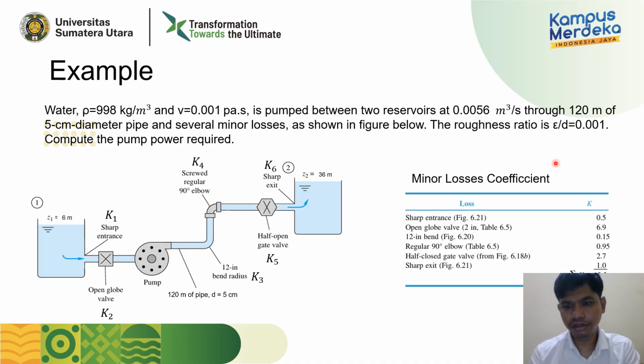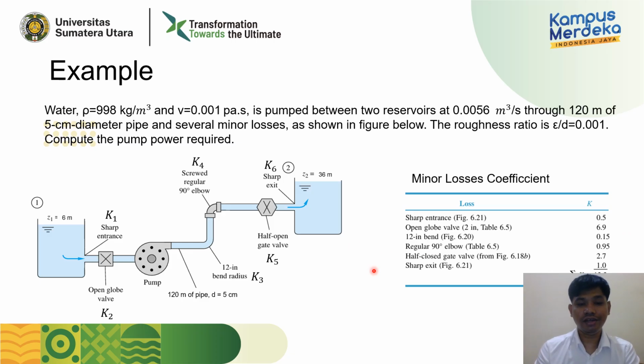This is the table of all the minor loss coefficients. Since we have 6 minor loss coefficients, we can find or calculate them based on this table. For example, for a sharp entrance, the minor loss coefficient will be 0.5.